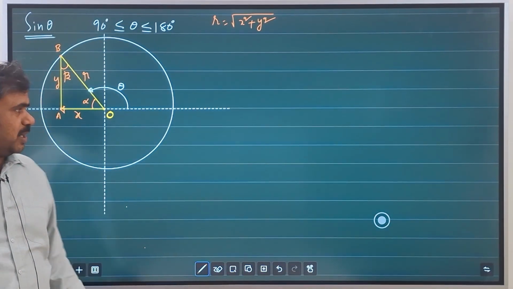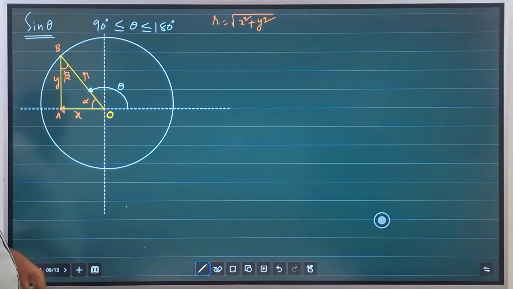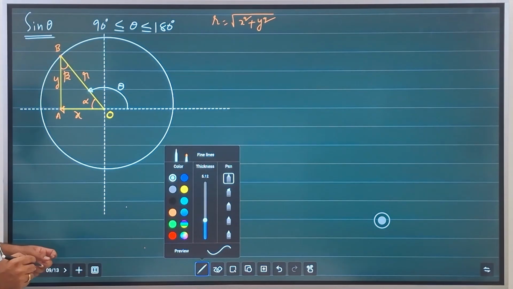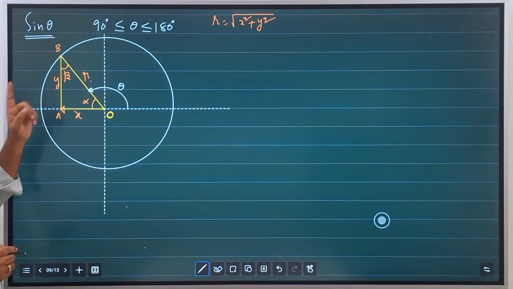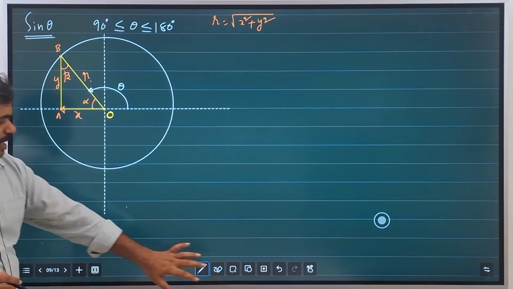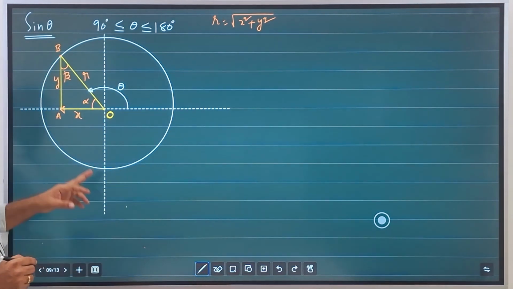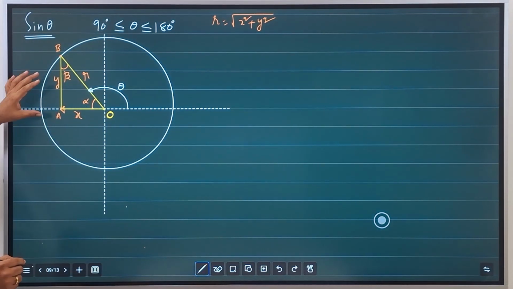Well, look at the value of sine theta. Here sine theta is equal to opposite side by hypotenuse. Opposite to angle theta, the side is y.